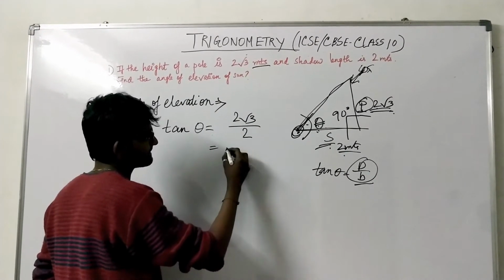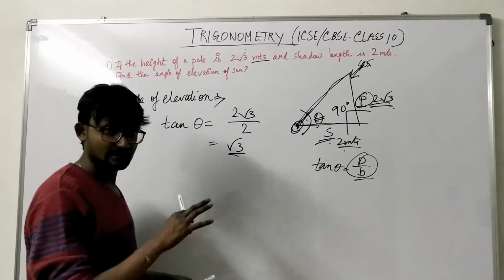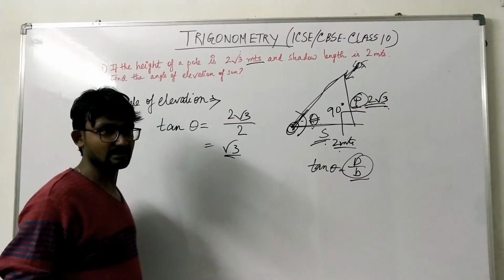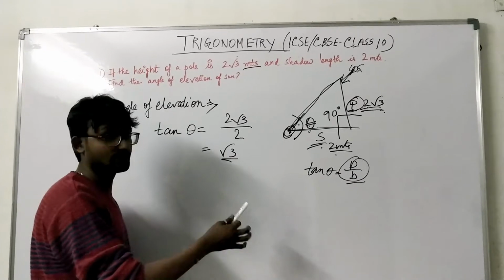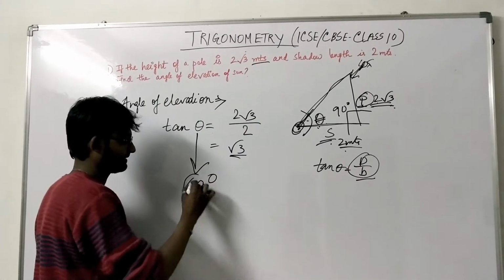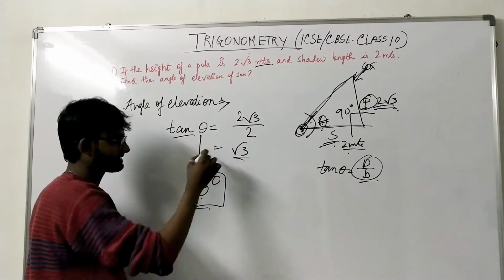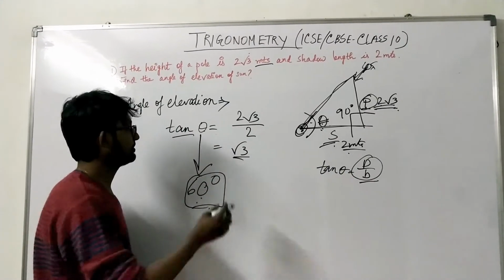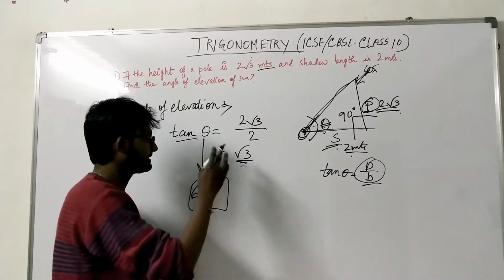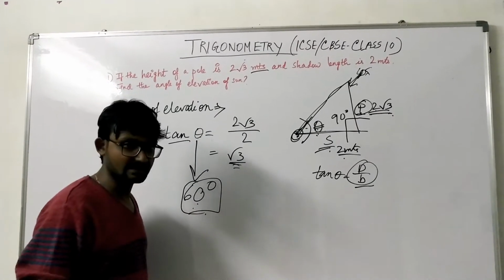So 2 will get cancelled, so root 3. From the last section of this video, the values: tan theta is equal to root 3. You guys know when tan theta is root 3, theta is 60 degree. Tan 60's value is root 3. So tan theta is equal to root 3. That means the value of theta is 60 degree. So this is the angle of elevation.